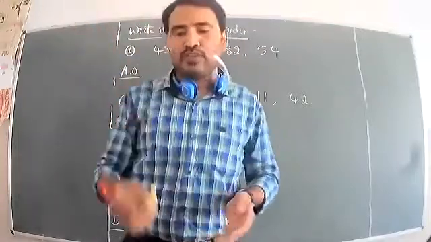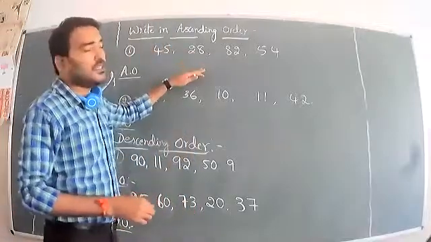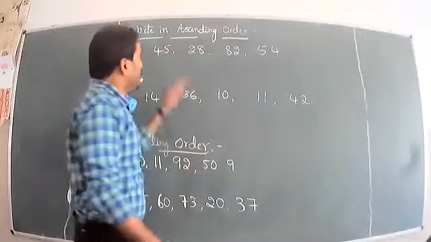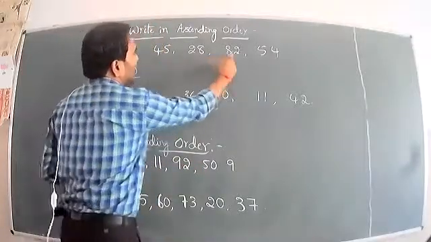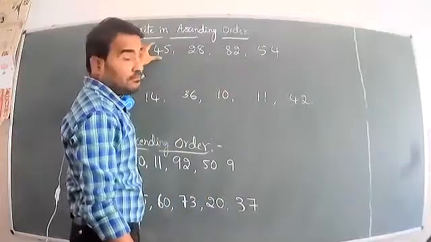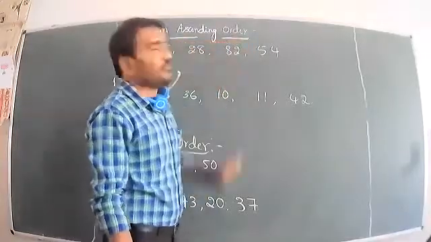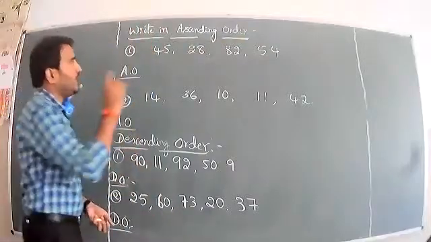Using the concept, just look at the board. I will tell the first example. Ascending order, how to do it. First read the numbers here: 45, 28, 82, 54. Which number is smaller? First we observe the tens value.